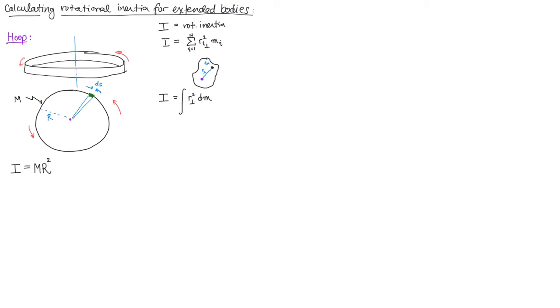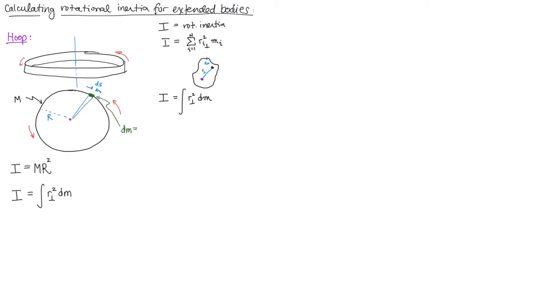And there's a mass associated with that length. So we're going to integrate all of those mass elements over the entire hoop. Okay. So how do we write down dm, the mass of that little element?